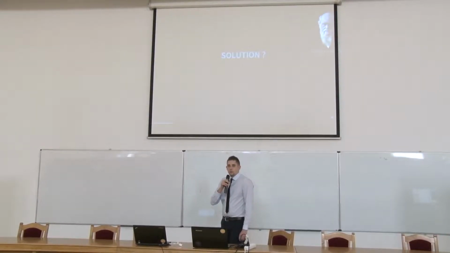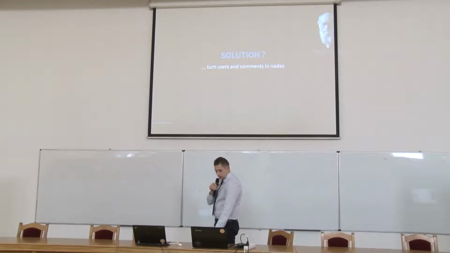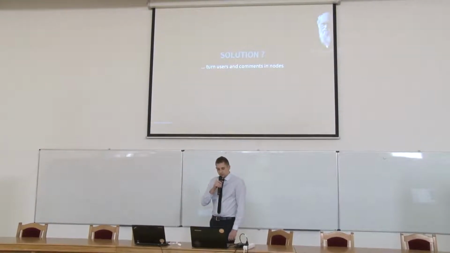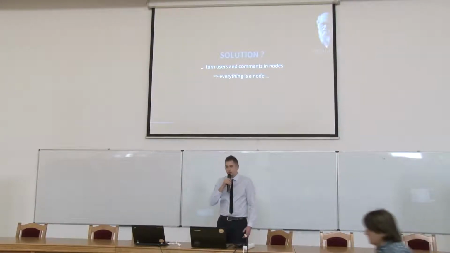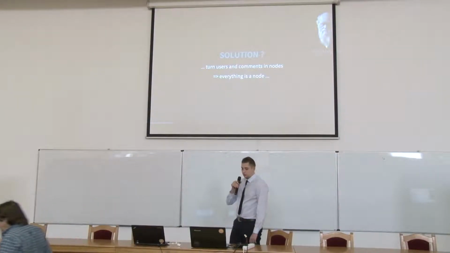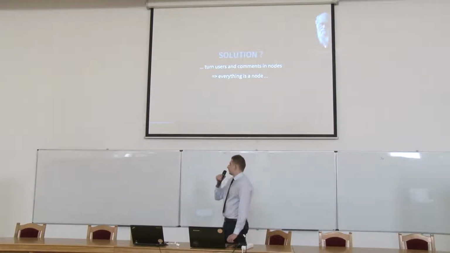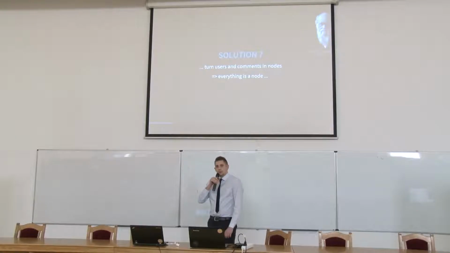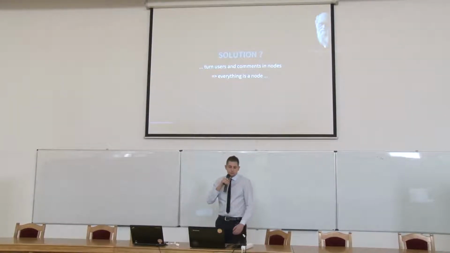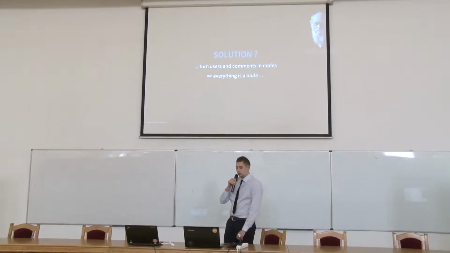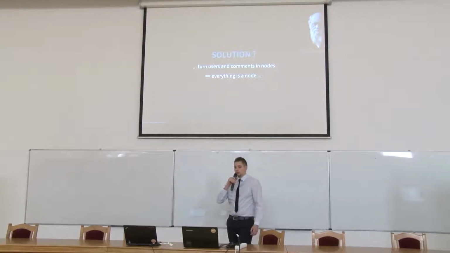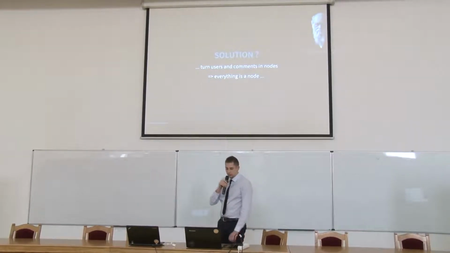And the solution was to turn users and comments into nodes. That resulted in everything becoming a node. There's a performance problem here because everything will be stored in one single table, and if we have a lot of users, nodes, and comments, it will be very hard to find things in that table. It will take a lot of time.